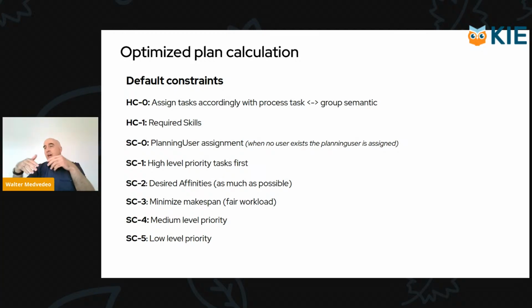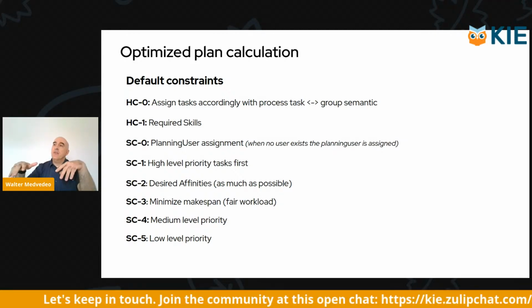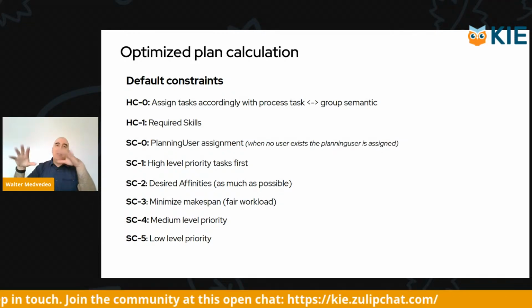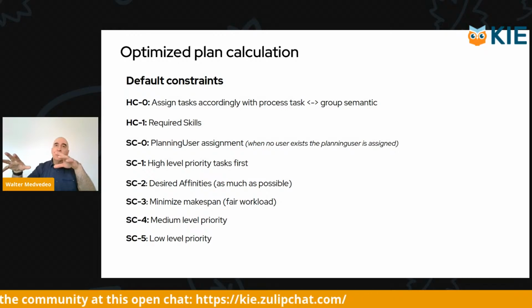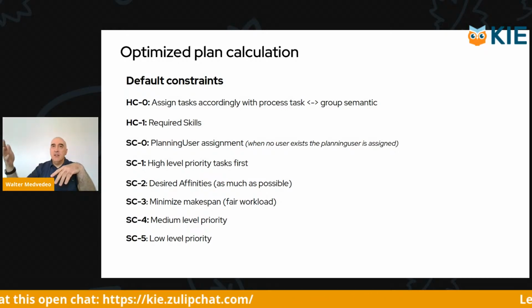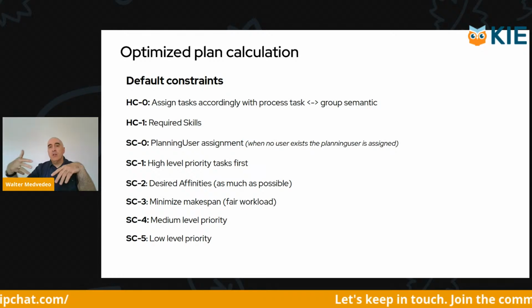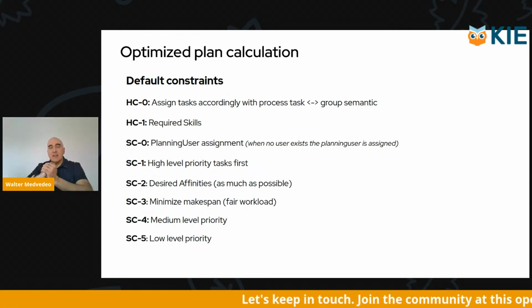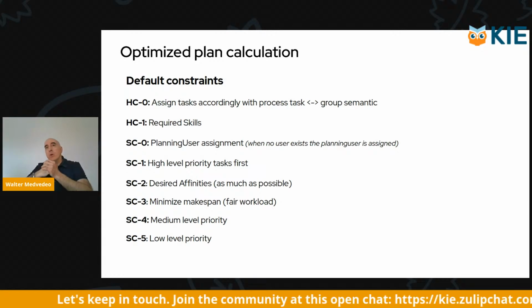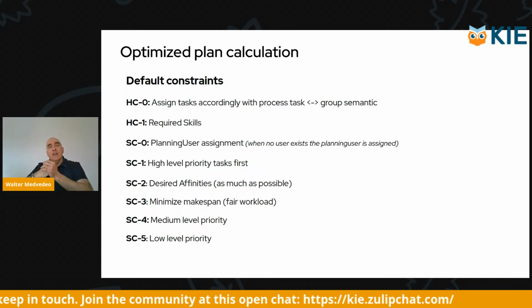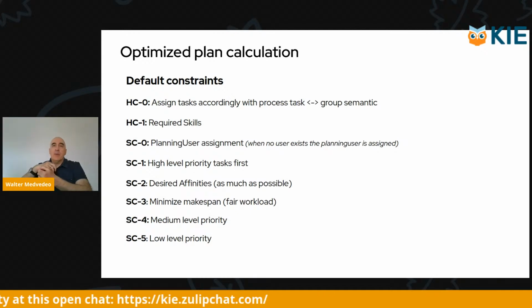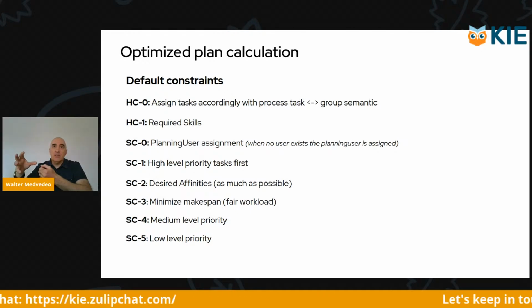Another constraint that we have in the next level of constraints is the affinity. In this definition, the affinity is pretty much similar to the skill, but it's different because we are not considering this as a mandatory constraint. With affinity, we try to model things like, imagine that I normally work with a particular customer, right?